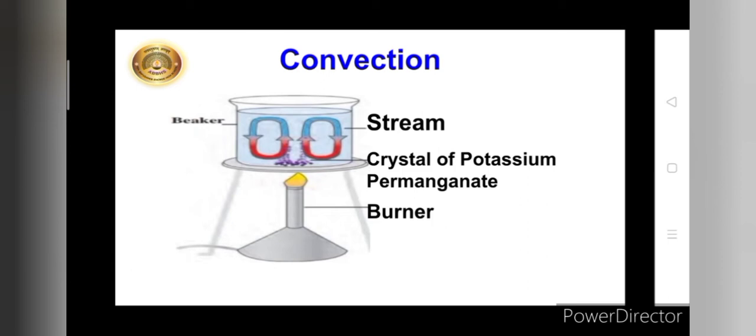The cold water from above takes the place of the hot rising water. This process goes on and this water then sinks downward near the walls of the beaker, as you can see in this picture. This movement, in which the hot water rises up and the cold water from above takes the place of hot water, is known as convection currents.